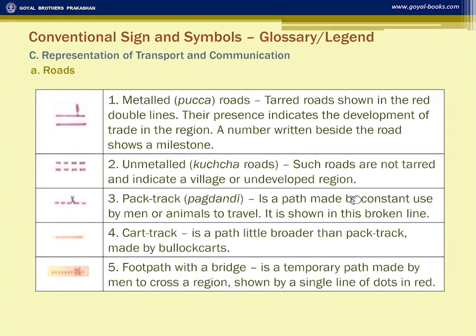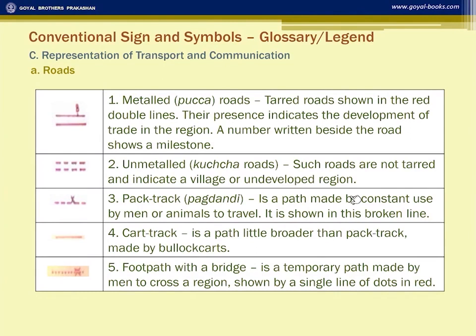And roads and means of communication, you can see they are also shown by different symbols in every category. That is, metal road is shown as a continuous double line, unmetal road in dash, the pack track is shown in single dotted line, cart track is shown as a single red line, and footpath is shown with simple small dots.